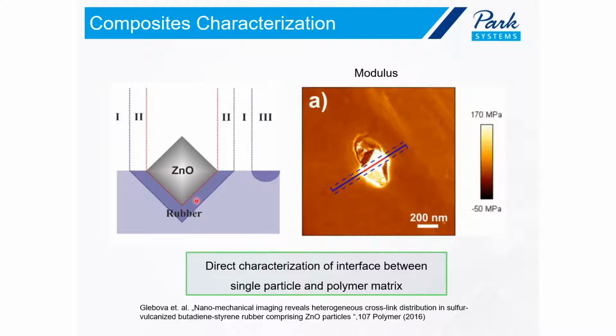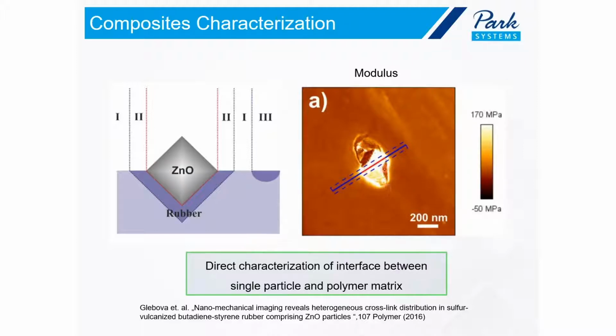So there is this particle embedded in the matrix, and there is this interface region between the particle and the matrix. And this is a modulus image, a nanomechanical property map, and we see this particle embedded in a homogeneous rubber matrix, and at the edges we can see this interfacial region.